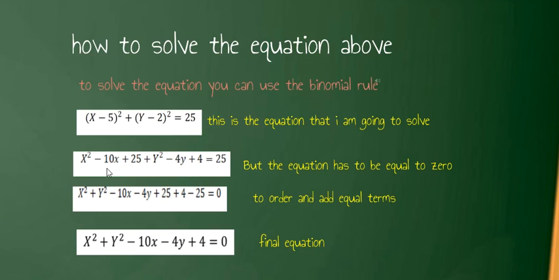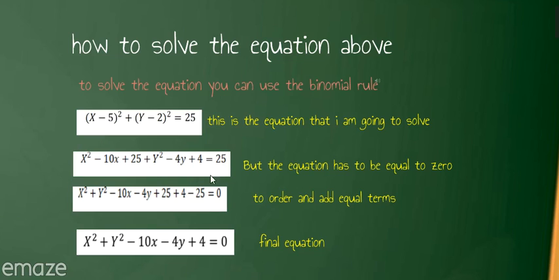I do the same with the y term. So I have x^2 - 10x + 25 + y^2 - 4y + 4 = 25. But the equation has to be equal to 0.